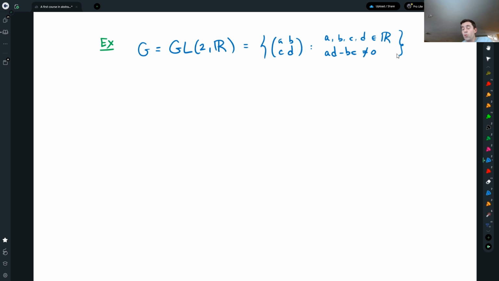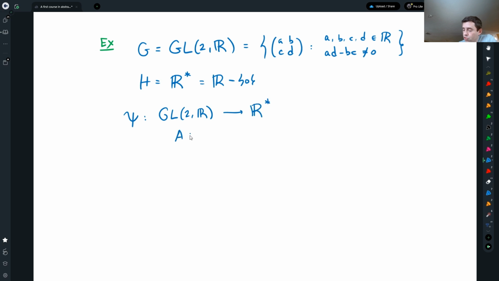This is a group under matrix multiplication, and I'm going to put H to be R star, so non-zero reals. And I have a map that is going from GL2R to R star given by a matrix is going to go to its determinant.